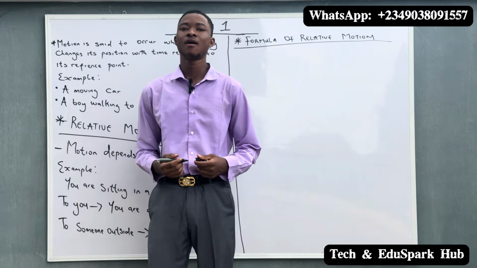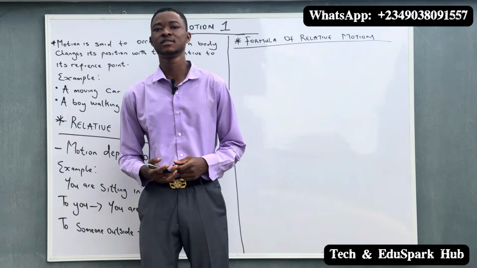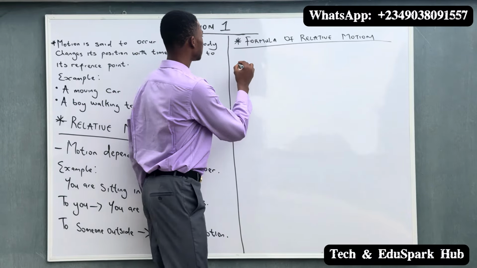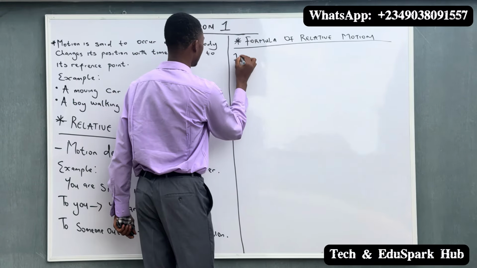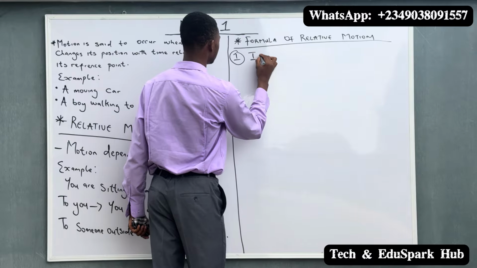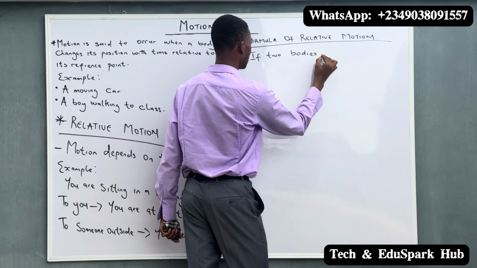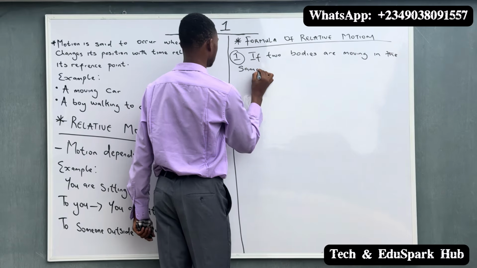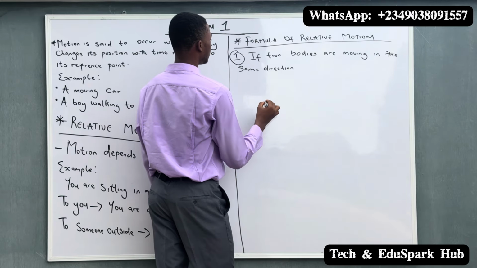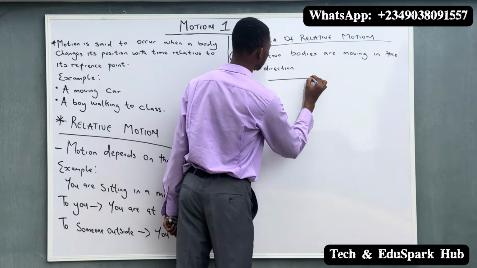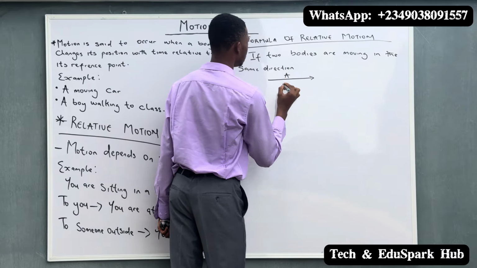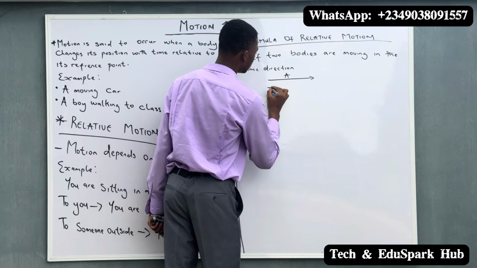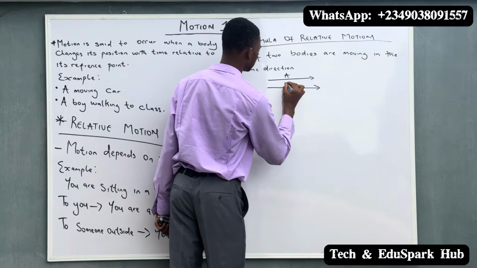Under this formula of relative motion, we have two cases or two scenarios. For the first case, case 1, if two bodies are moving in the same direction. For example, let's say body A is moving to the east, and also body B is moving to the east.